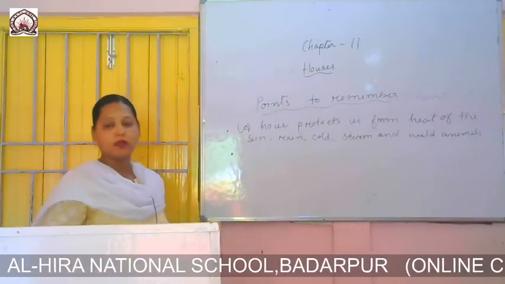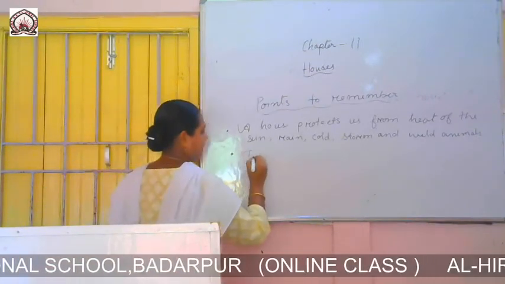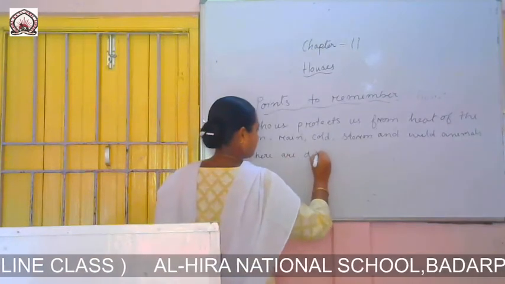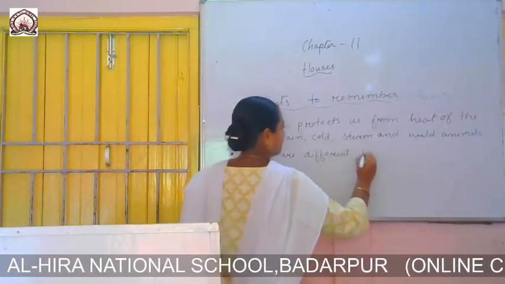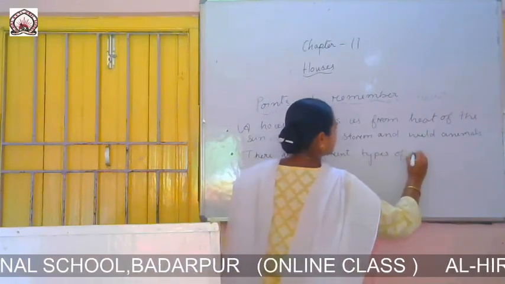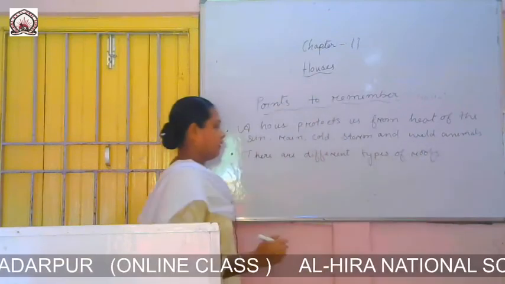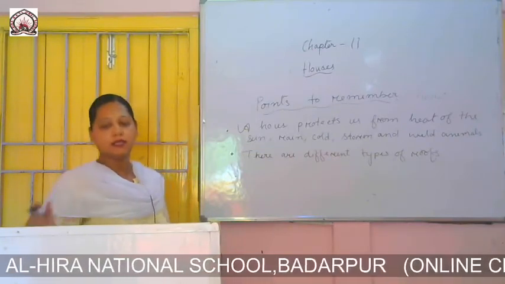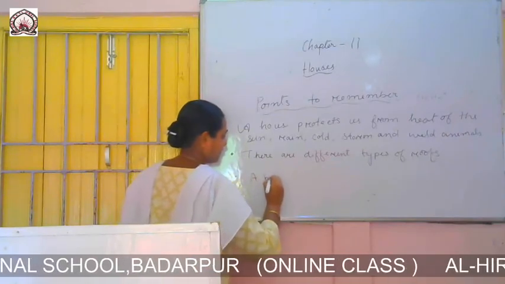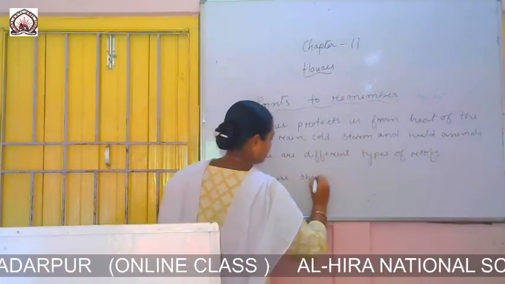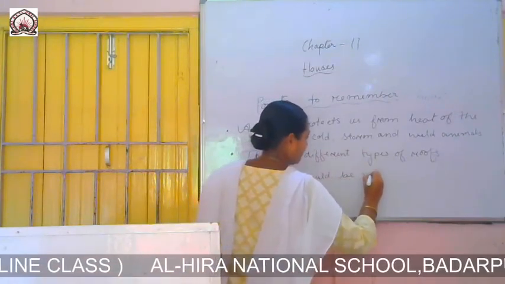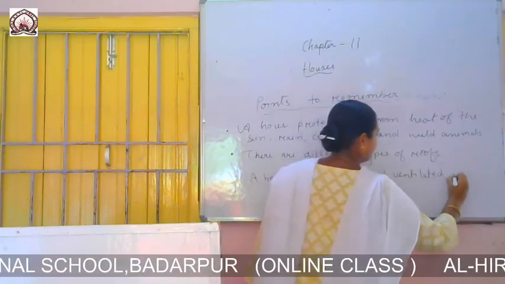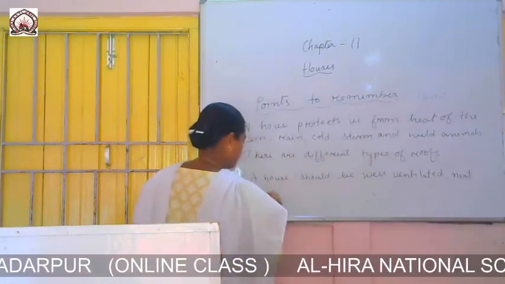Next, what did we learn? That there are different types of roofs, and a house should be well ventilated, neat and clean.